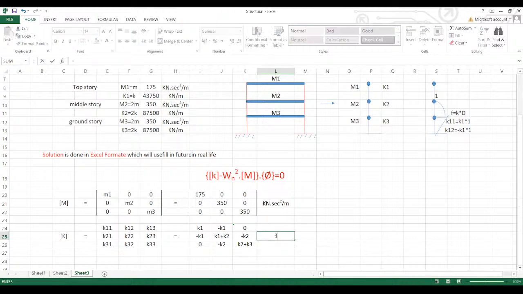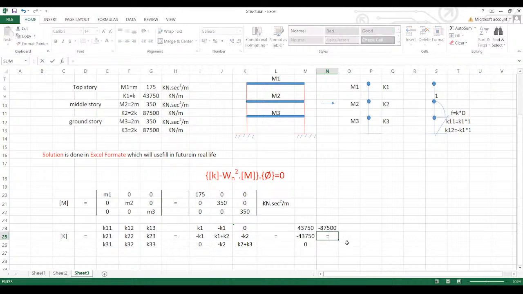And again, going through it: K1 is equal to K1, here minus K1, and here is 0, here minus K2 is equal to minus K2.